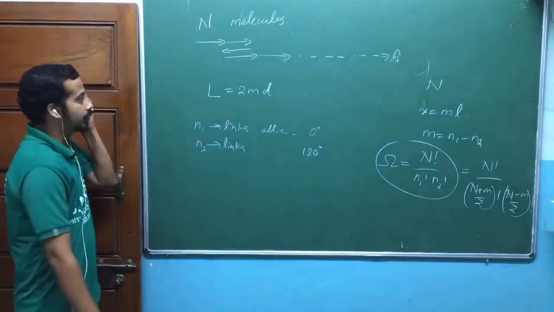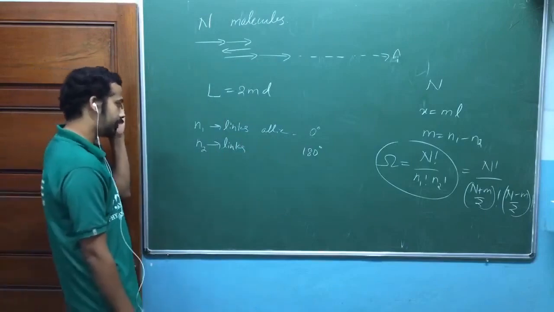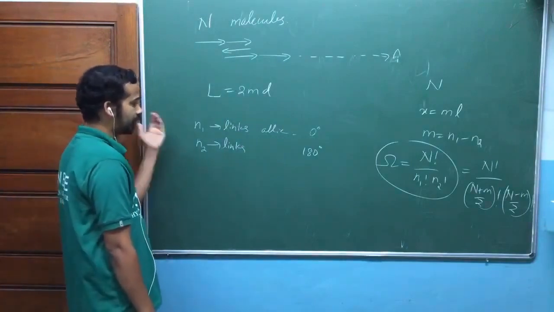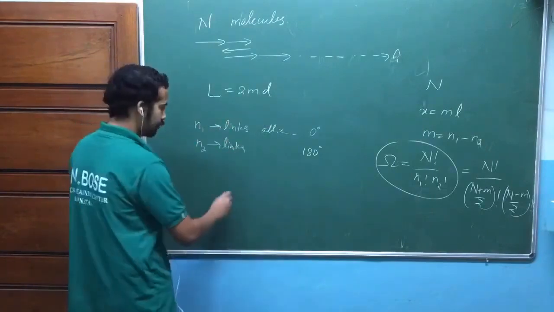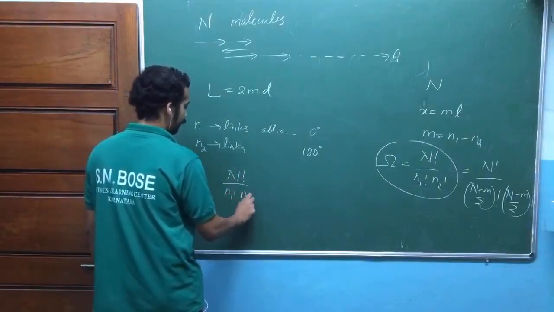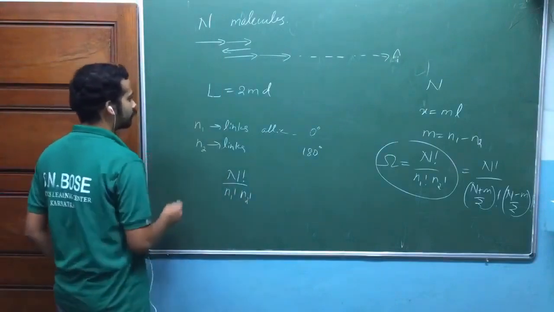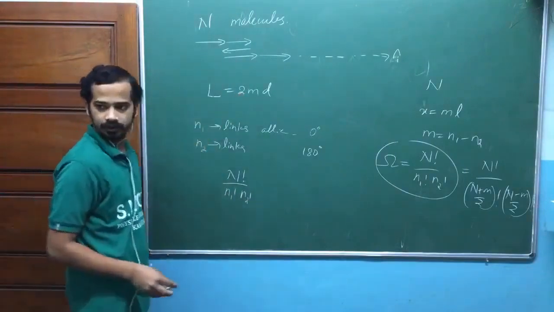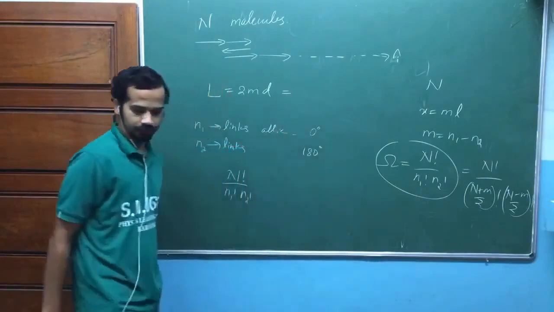Now in that situation, what is the number of possible ways of arranging N1 links with 0 degree, N2 links with 180 degree? Again, n factorial divided by n1 factorial, n2 factorial. So the difference between n1 and n2 will decide this length. Am I right?